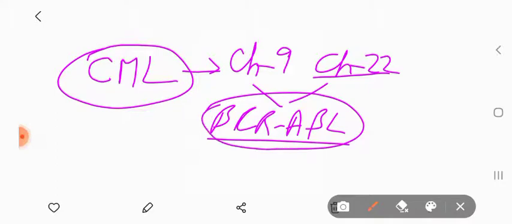Remember, chromosome 22 has the BCR region, breakpoint cluster region, and chromosome number 9 contains the ABL gene, which codes for a proto-oncogene, right? So these types of cancers can also be diagnosed by karyotype analysis.